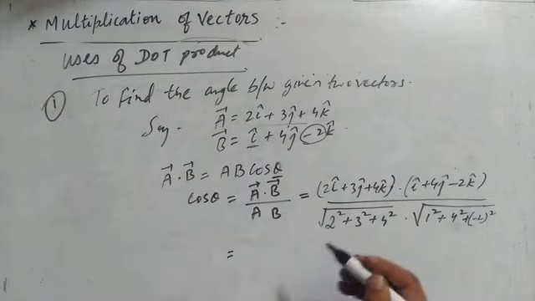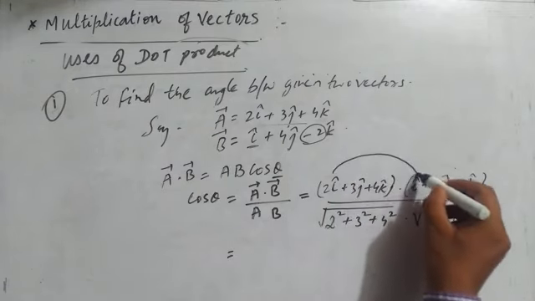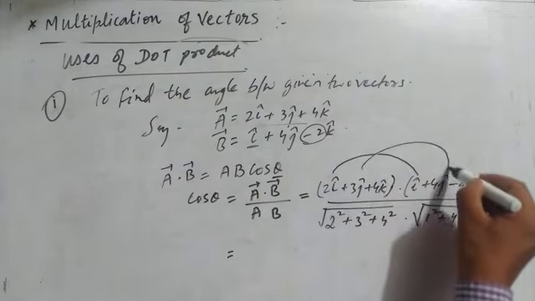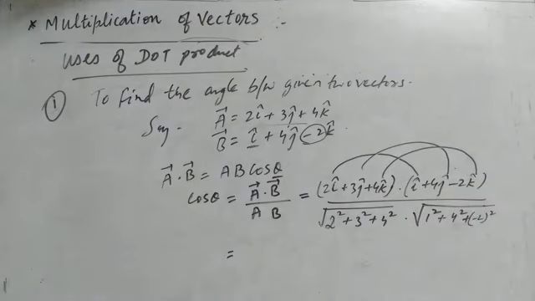So if we find out the dot product, i into i, j into j, and k into k.